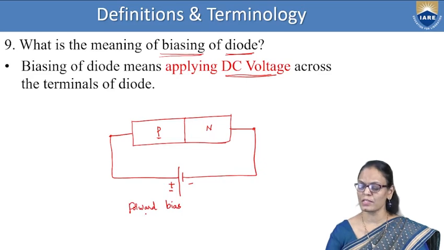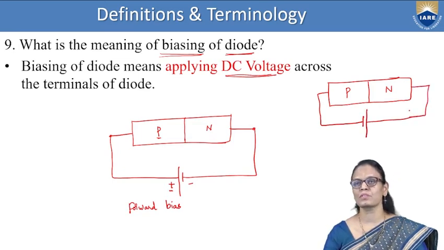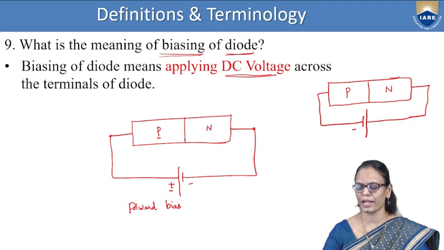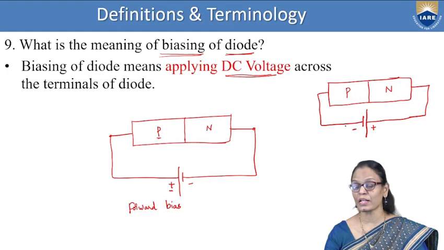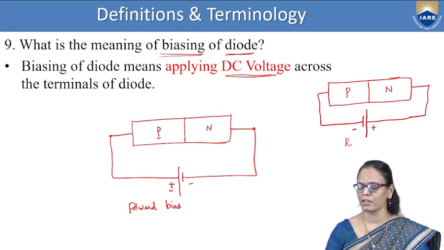Now, what if we connect it in the reverse manner? If the P-type is connected to the negative terminal and the N-type is connected to the positive terminal, then we call it reverse bias.